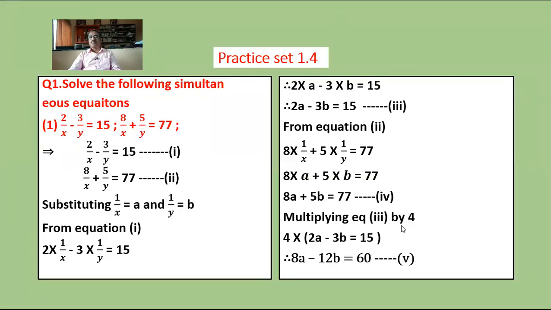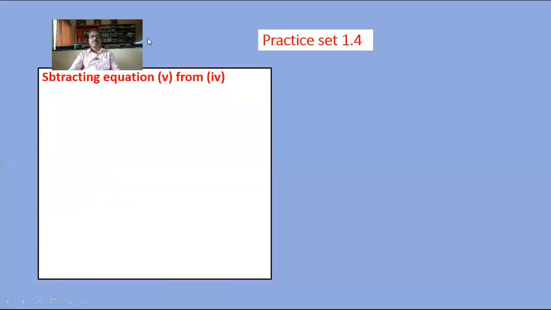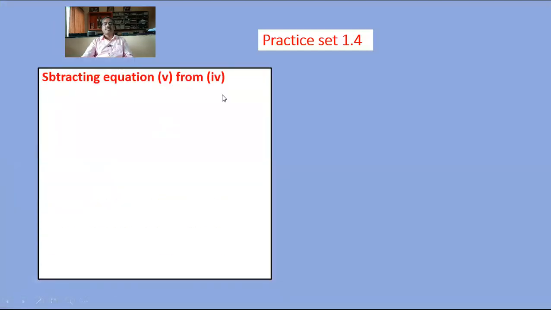From equations 4 and 5, the coefficient of a is the same, having the same sign. Therefore, subtracting equation 5 from equation 4. Then we have 8a plus 5b is equal to 77 and 8a minus 12b is equal to 60.